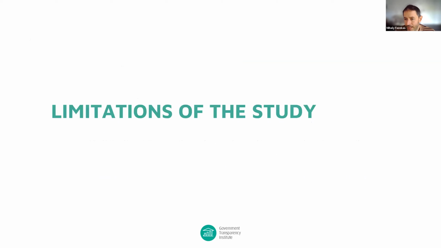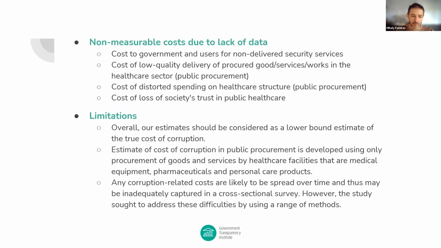And then naturally, in way of concluding, as good academics, we repeat our failings and reiterate how many things we should have done if we had more time and more resources. So we identified some non-measurable costs, which nevertheless are probably very important: a low quality of procured goods, low quality of medicine, for example.